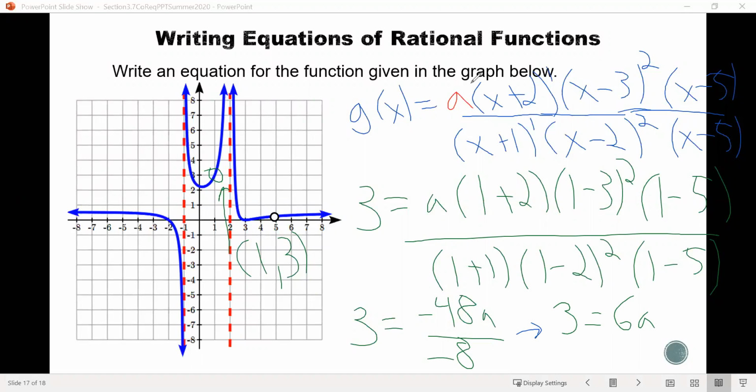And then we can divide by 6 on both sides. And it looks like when we do that, we end up with a equals 1/2. Okay.